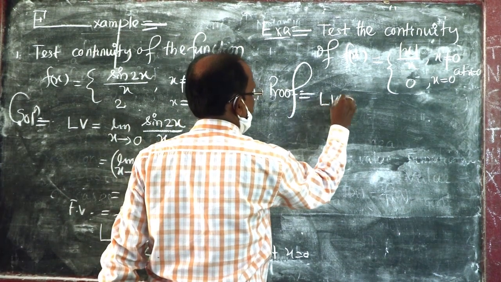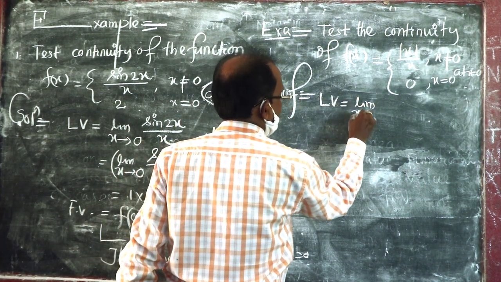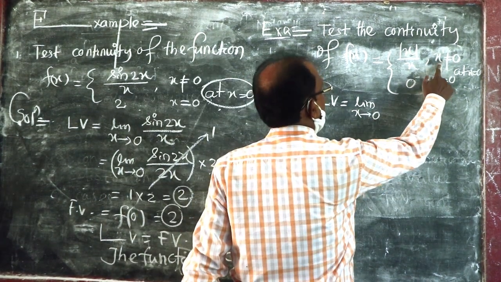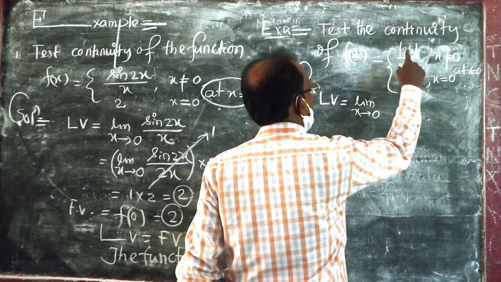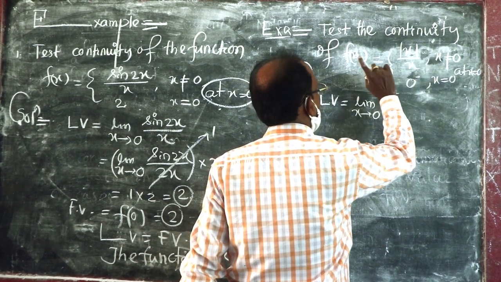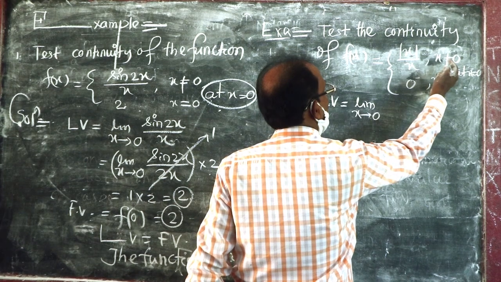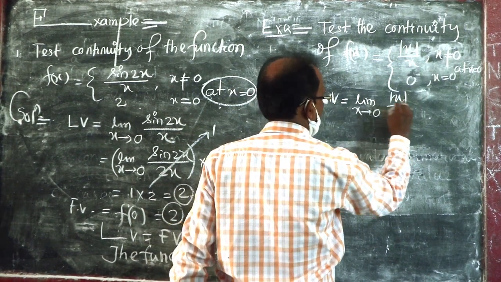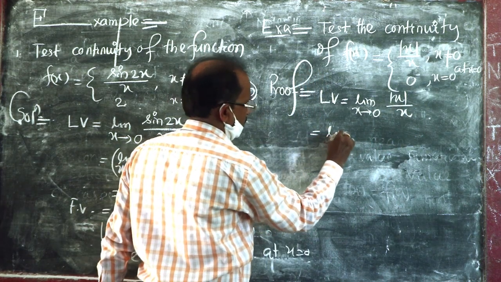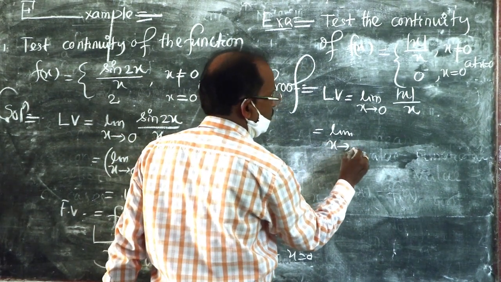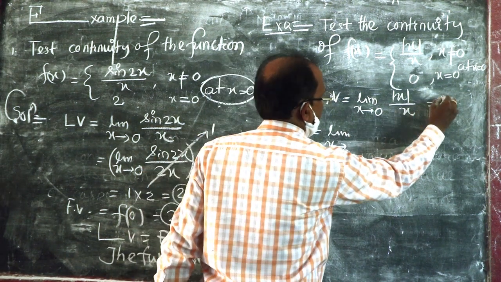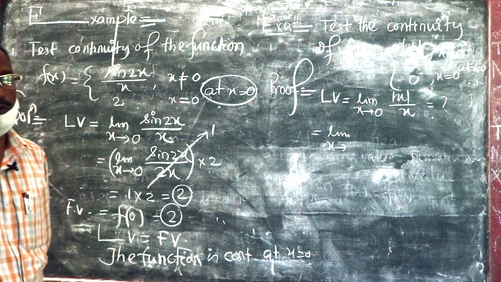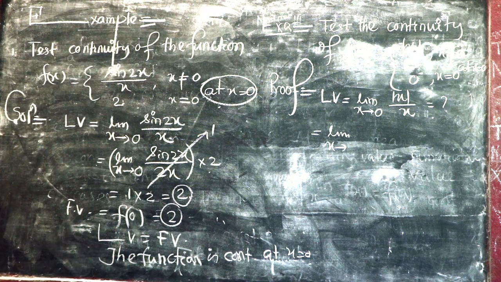The limiting value is equal to limit x tends to 0. The function f(x) has two values, mod x by x and 0. In case of the limiting value, the function is taken as the not equal case, mod x by x. This is a modulus function. In order to find the limiting value, we have to test the existence.